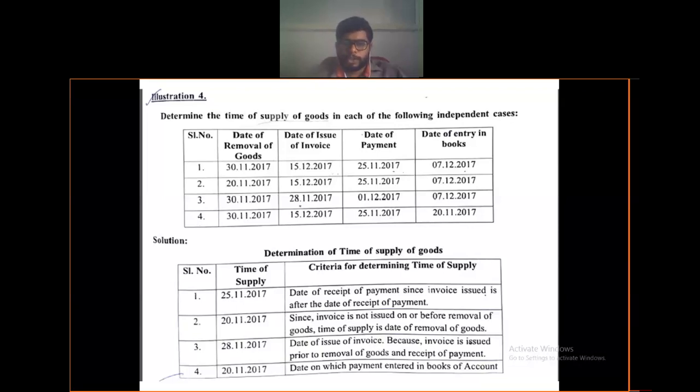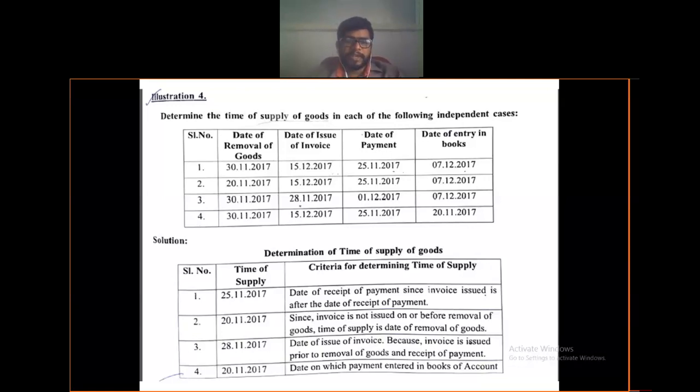The invoice is issued on various dates in the following cases. Then date of payment from the recipient to the supplier. Then date of entry in the books of account of the supplier. So various information is given. Observe the dates and identify the time of supply in each case.